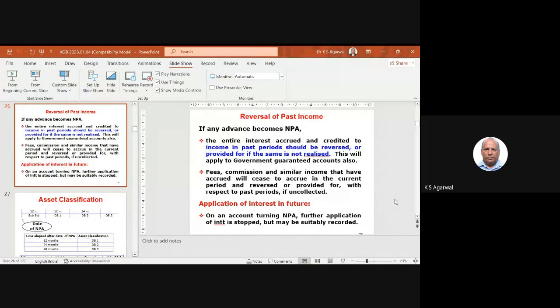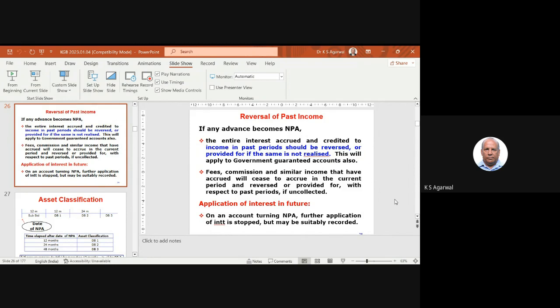I will see what are the debit entries of interest, fees, commissions, etc. I will see the credits also. If my debits of interest, fees, commission, etc. are more than credits, then that part must be de-recognized.